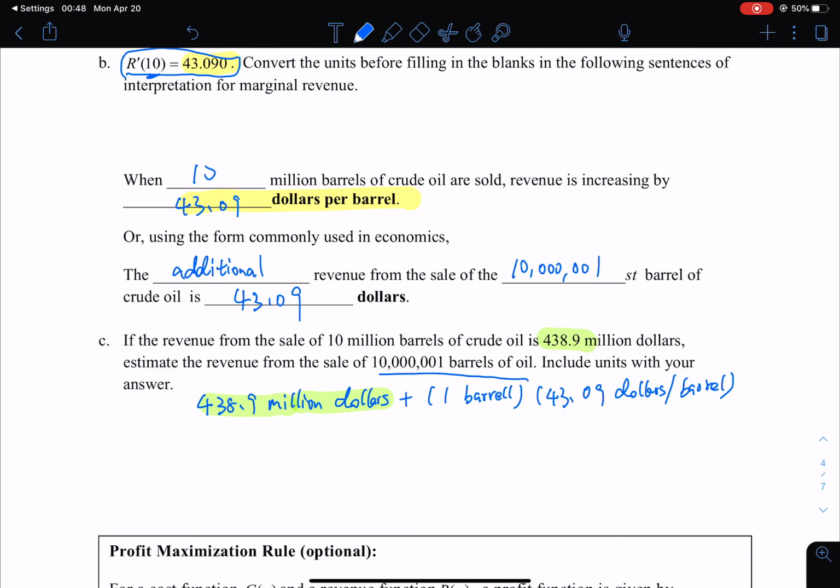This is this part. So we got this one from here, and we got this one from here. Alright, and then let's finish this one. It's just $438,900,000.